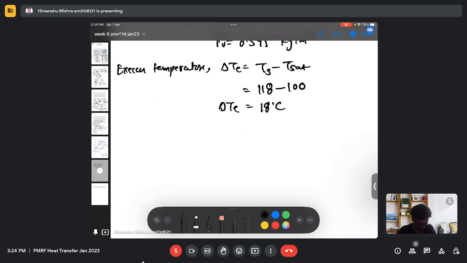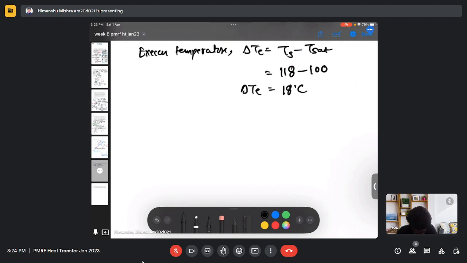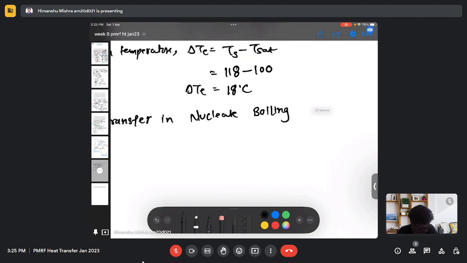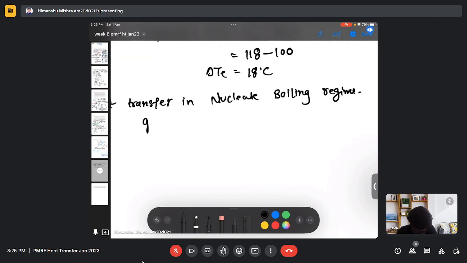So to determine the heat transfer in the nucleate boiling region, I will use the correlation.